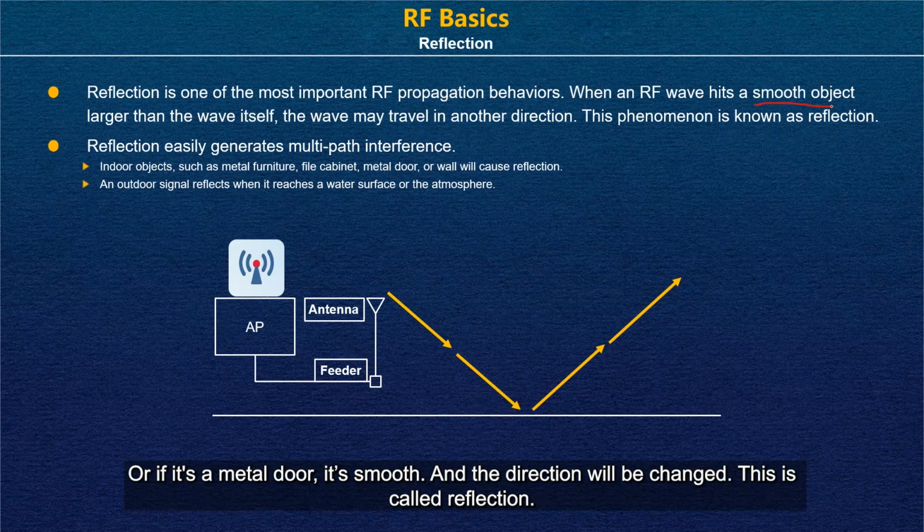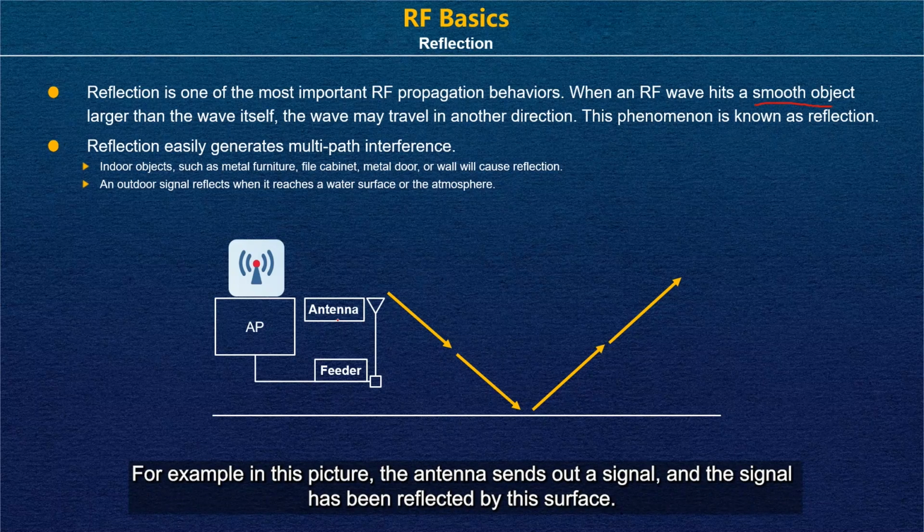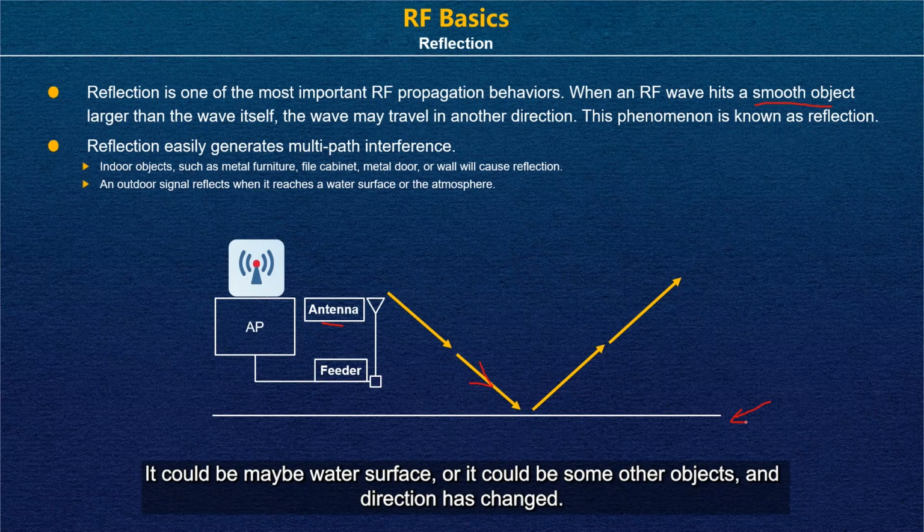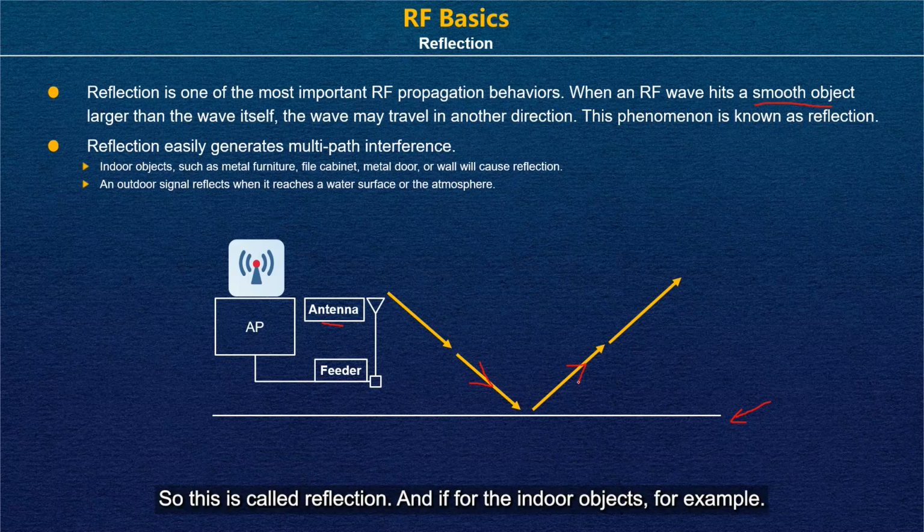This is called reflection. For example, in this picture, the antenna sent out a signal, and the signal has been reflected by this surface. It could be a water surface, or it could be some other object. And the direction has changed. So this is called reflection.